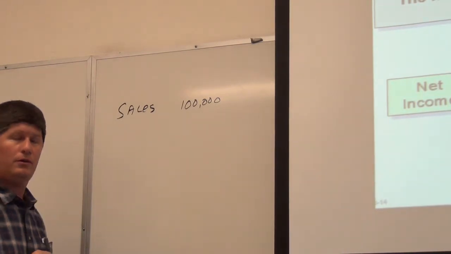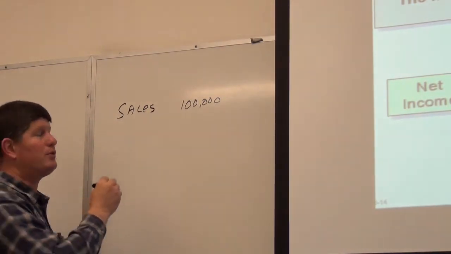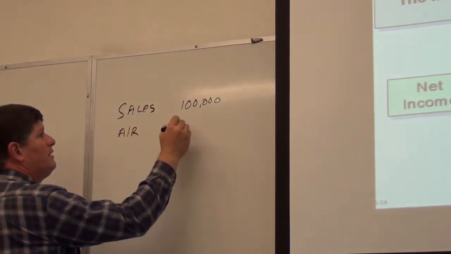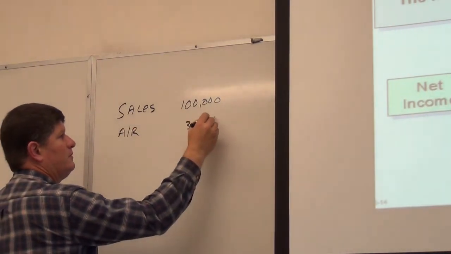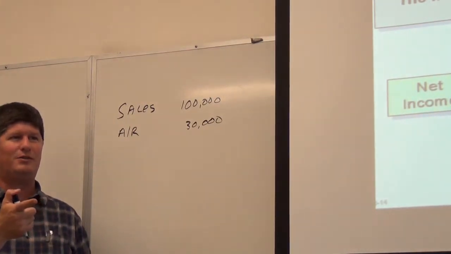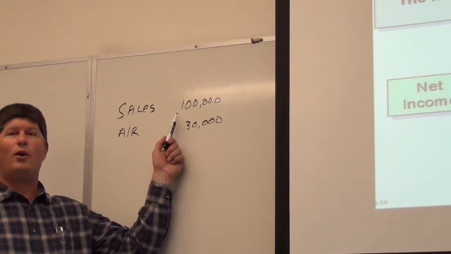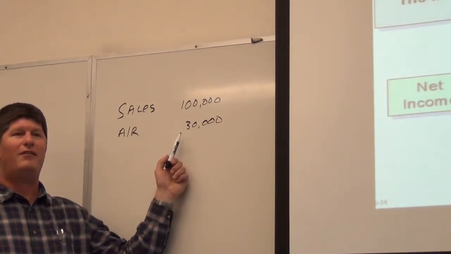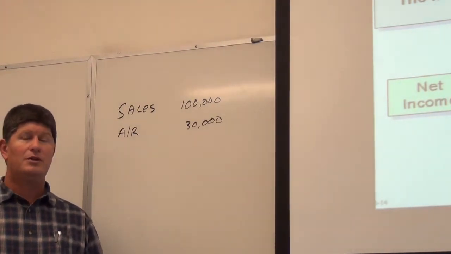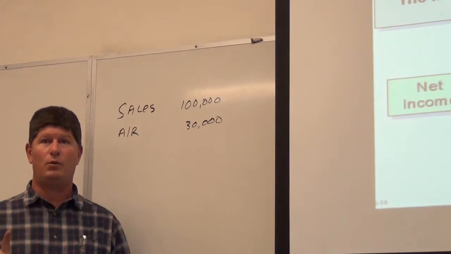No. I have sales of $100,000, but at the end of the year, my accounts receivable balance is $30,000. How much cash came in the door? $70,000, right? So I know I sold $100,000, but I still have $30,000 in accounts receivable. The rest of it must have been cash at some point. Good? So that's the basic concept we're going to work with here tonight.